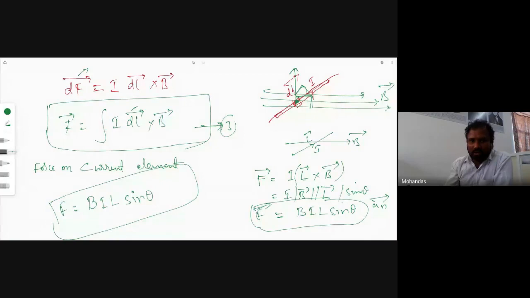So you might have directly studied this equation BIL sin theta. How did you get BIL sin theta? From these EMF basics. This equation is the Lorentz force equation, which is useful to find the force on a particular conductor on an armature.